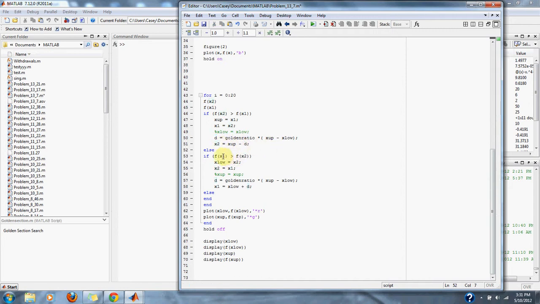Otherwise, if f of x1 is greater than f of x2, then x lower is equal to x2, x2 is equal to x1, our x upper will stay the same, and then we compute our new x1, and we'll loop through this until we get our maximum value. So let's run it up.